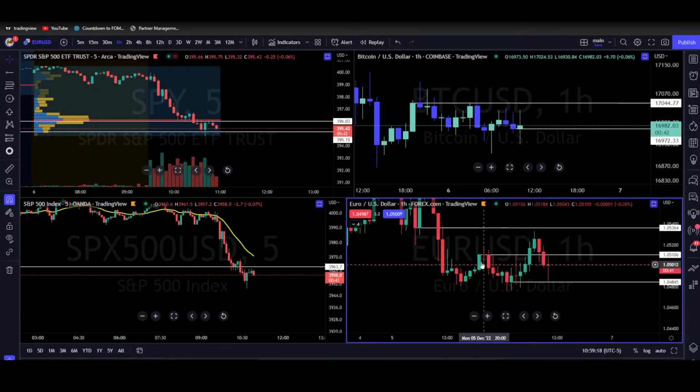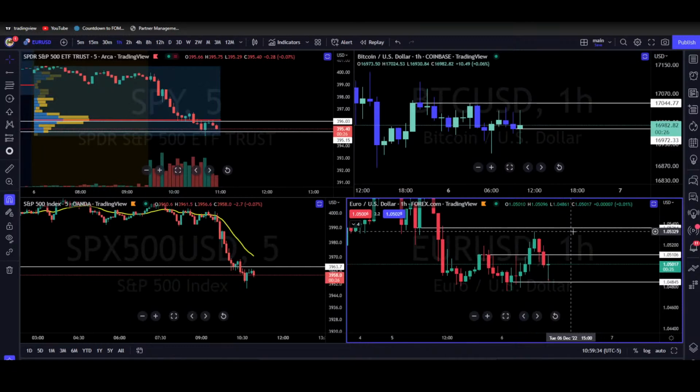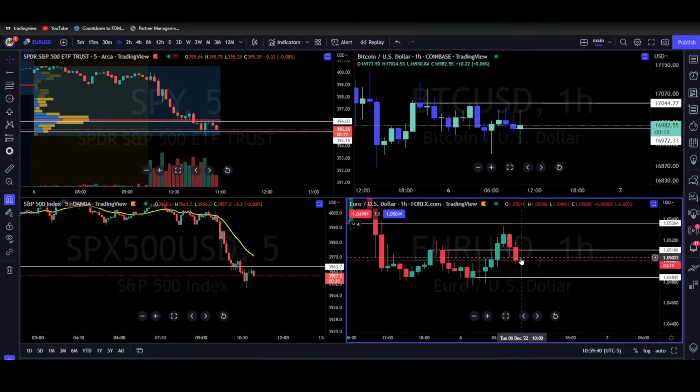You know where the operating ranges are. You are looking to enter at that operating range. You are looking to exit at the other side of the operating range, just in case you get random market violence. That random market violence will tear you apart if you don't take profits. If you've already taken them, you're good to go.